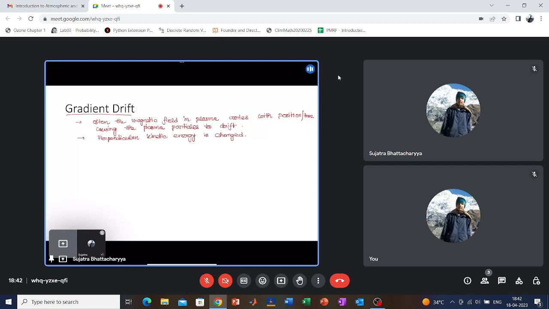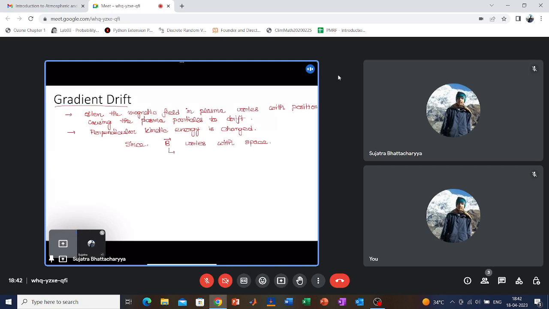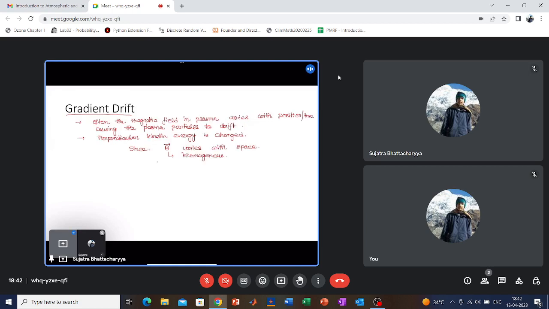Since this magnetic field varies with positions in space, it is no longer homogeneous. So this magnetic field becomes inhomogeneous. Now, if the magnetic field becomes inhomogeneous, then we have to define a scale L, which is the length of inhomogeneity.